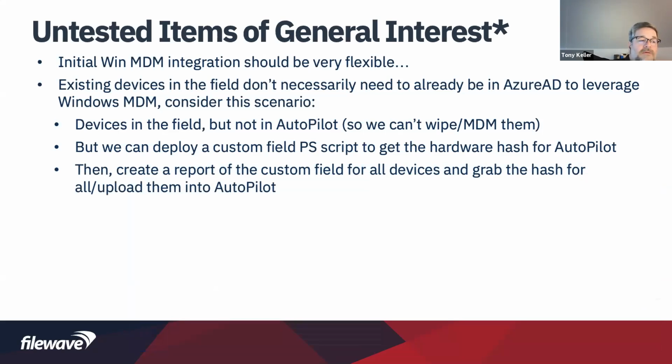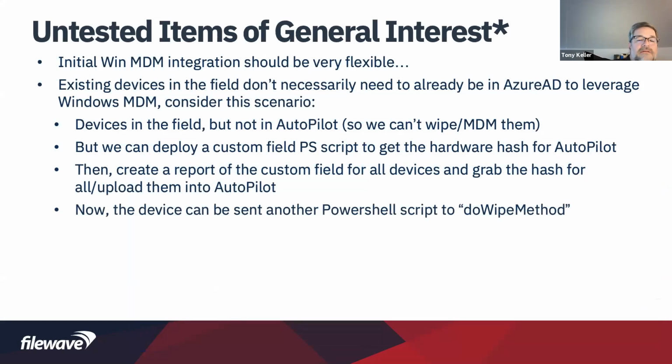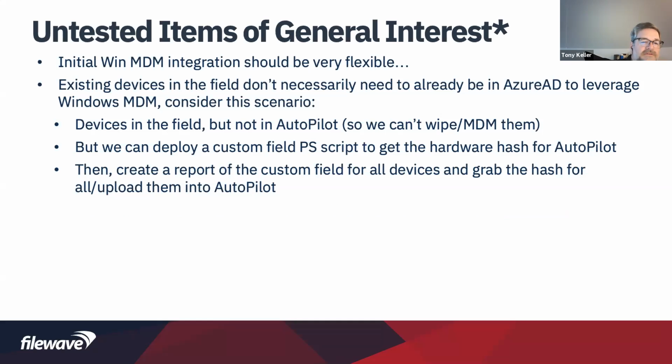Then we can create a report from that custom field for all devices. That gives us a CSV, and that whole CSV can then be uploaded into the Microsoft Autopilot portal. So we can directly inject all the devices that we have, and in one fell swoop, get them in Autopilot.